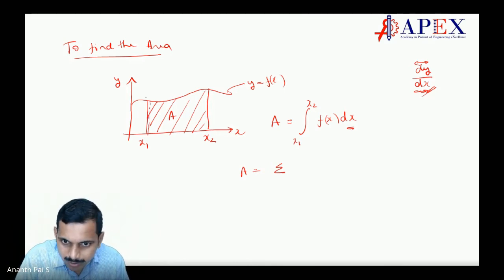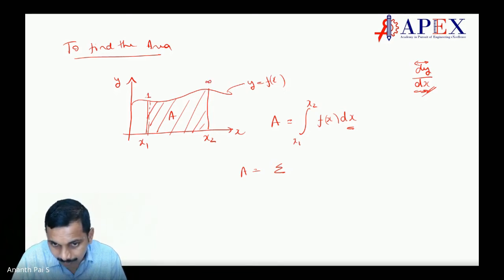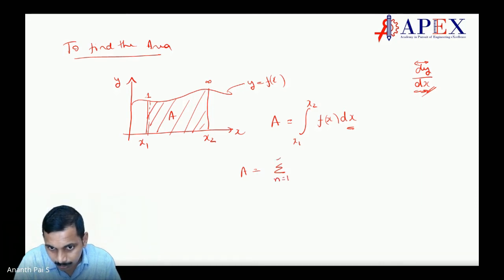So I will say summation from n equal to 1 to infinity of delta x, where delta x tends to 0.